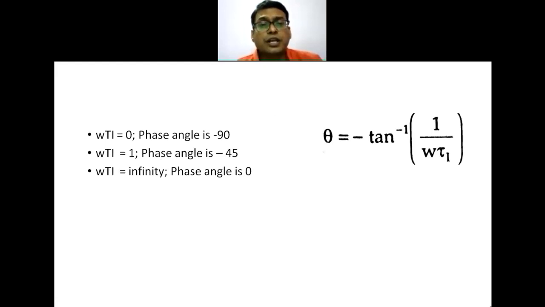Similarly, for W tau I equal to 0, the phase angle comes as minus 90. So our formula of theta is equal to tan inverse of 1 upon W tau I. Substituting 1 upon W tau I as 1 upon infinity, that becomes 0, so theta is minus 90. Similarly, by substituting 1 and substituting infinity, you will get the three values.